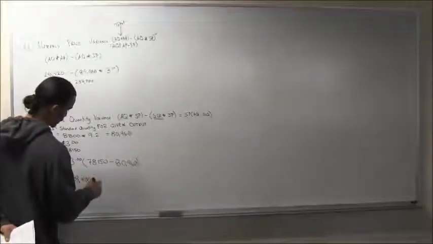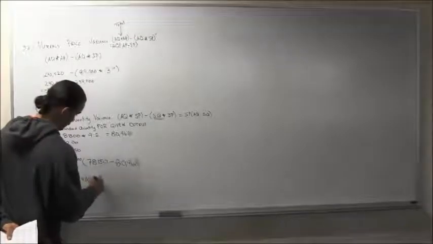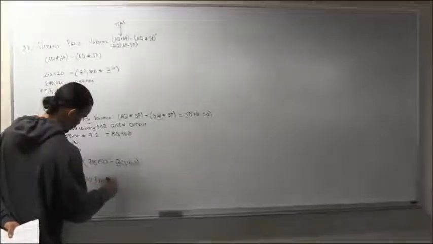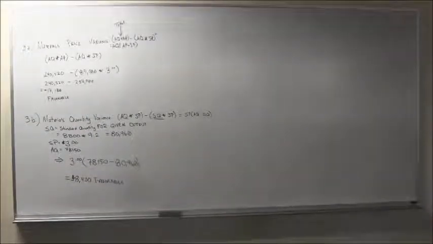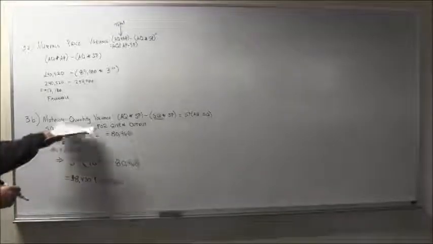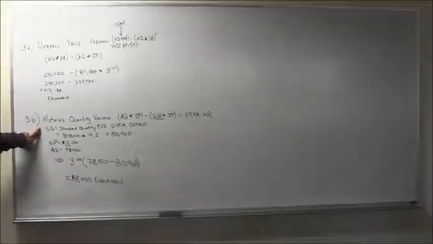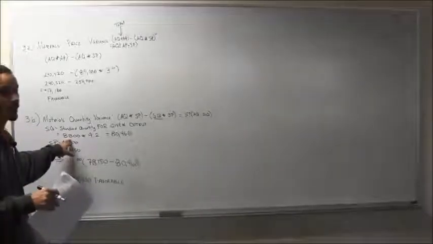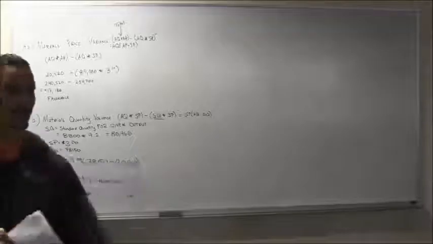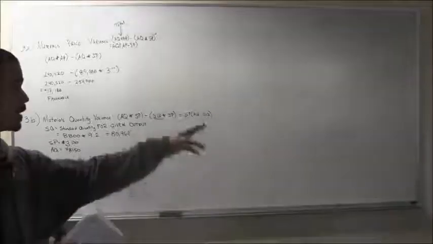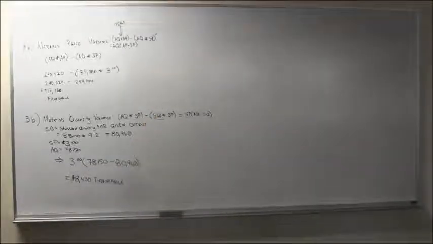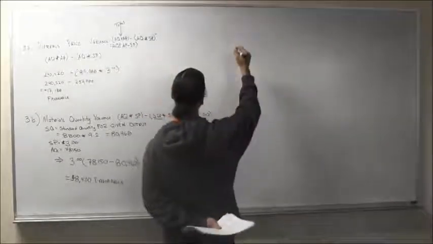There's a negative again, so it's going to be favorable. Any questions right now? Make sure with the materials quantity variance, you get that standard quantity allowed by multiplying the number of units times the standard per unit. We are going to see that again with the labor efficiency variance. There's 3A, that's 3B, here is 3C.